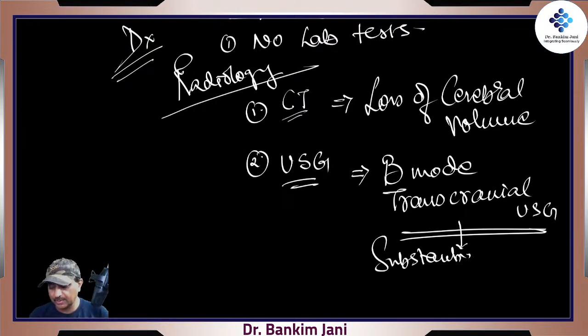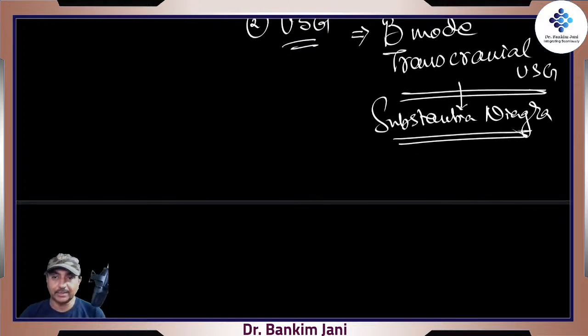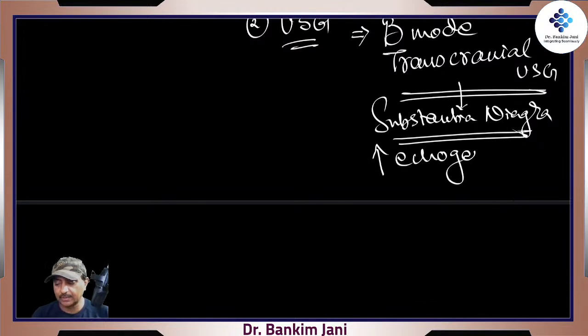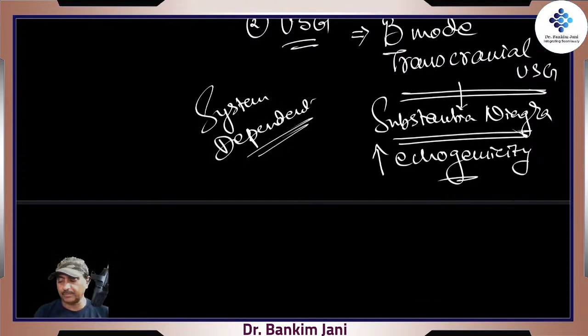It is quite okay, and yes, you will find increased echogenicity. But this is system dependent, or machine dependent. Your machine, your analyzer, should be of very good quality. Then and only then can you really decipher this.